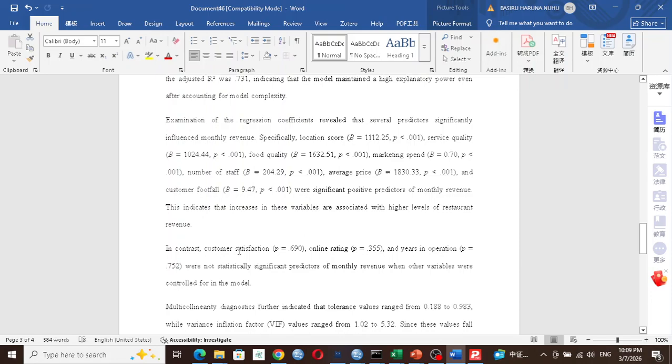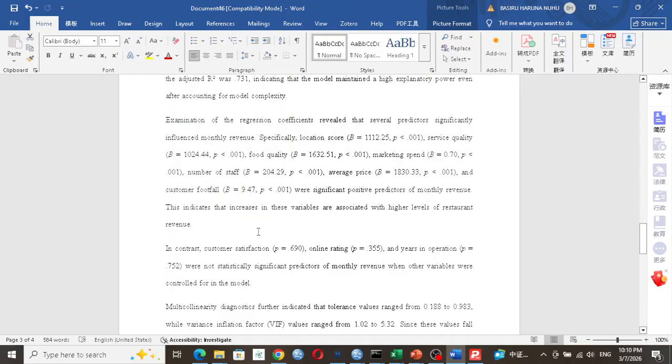In contrast, these ones are not significant. Customer satisfaction with p-value this, and then online rating with p-value this, because all the p-values here are greater than 0.05, were not statistically significant predictors of monthly revenue when other variables were controlled for in the model.